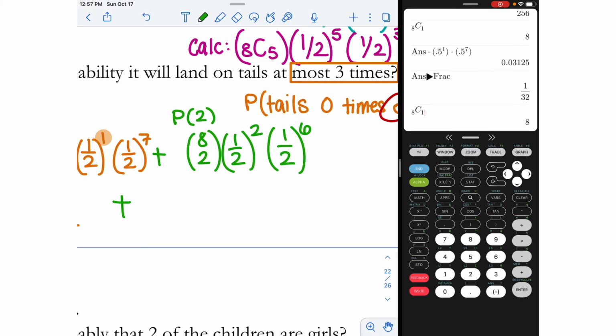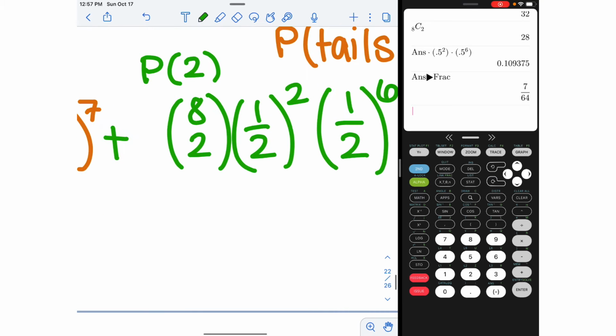Let's just change this to 8 choose 2 times 0.5 squared times 0.5 to the 6th. Seven over 64.